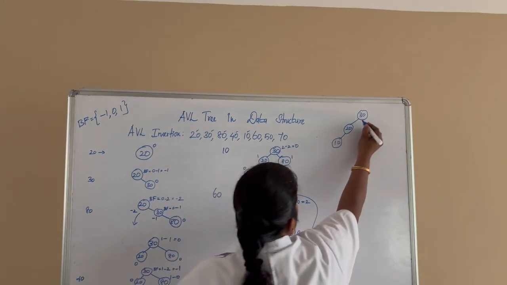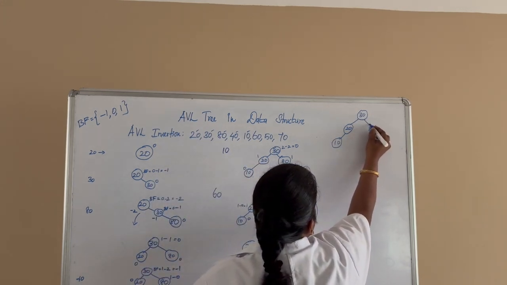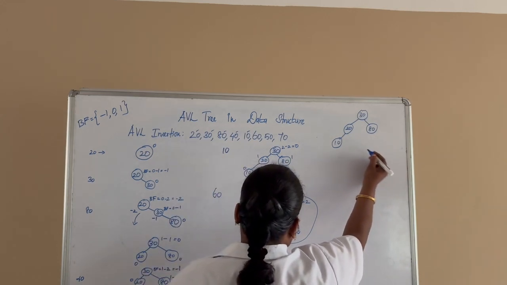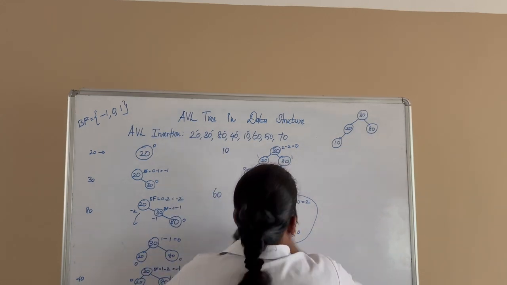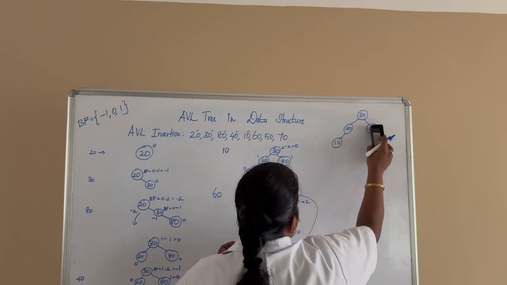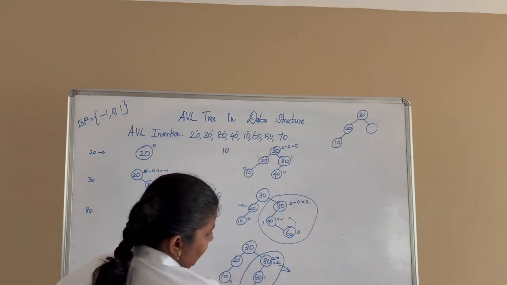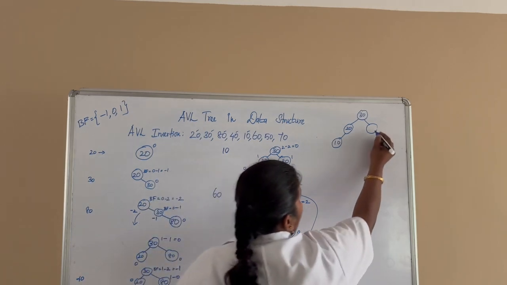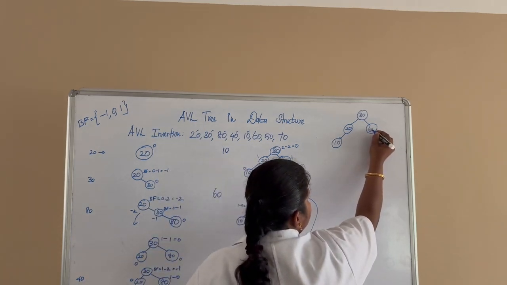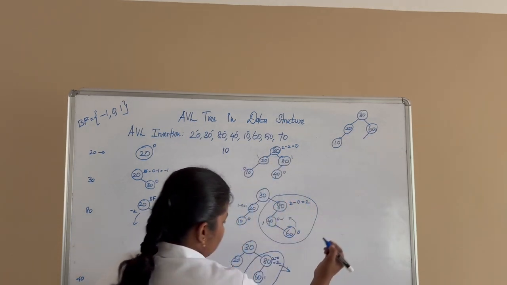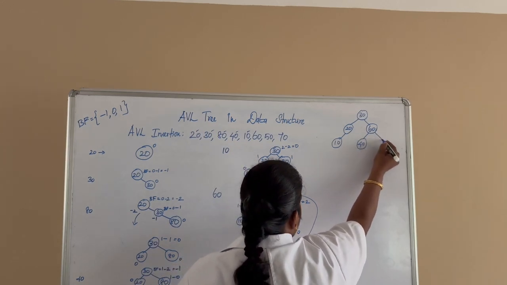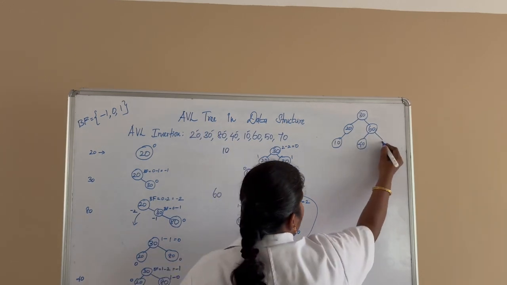Then on the right side we have 80. After performing the right rotation, that is in LL rotation, we'll have this value as 60, and this is 40 and here is 80.